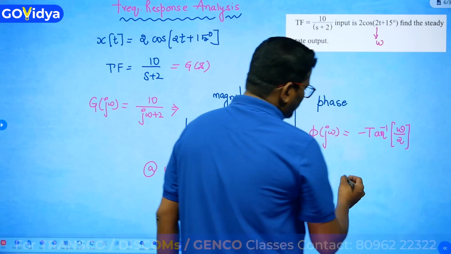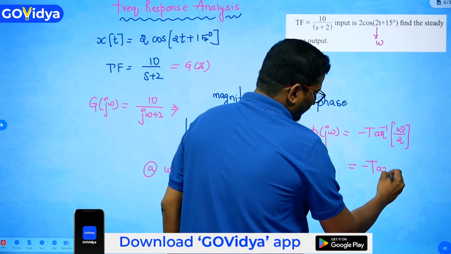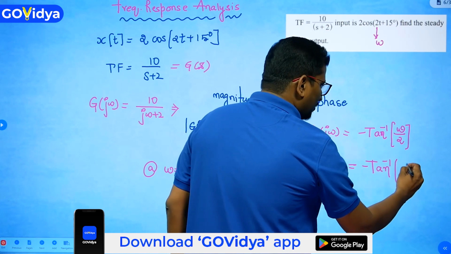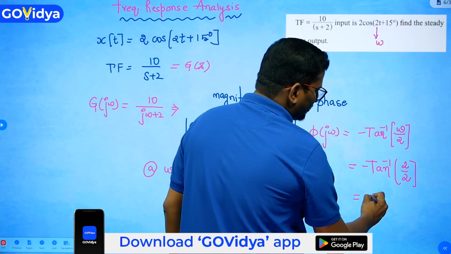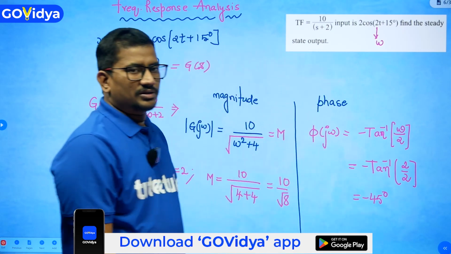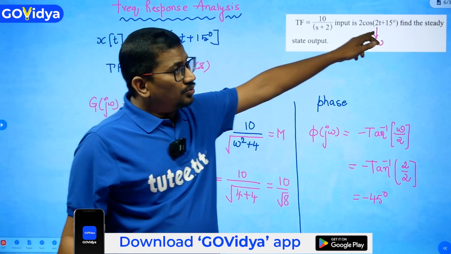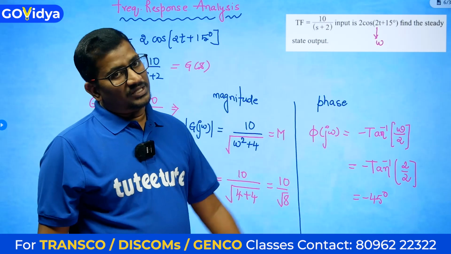So for omega equals 2, what is the phi value? Minus tan inverse of 2 by 2, which is nothing but 1. Tan inverse of 1 means 45 degrees. Anyway, the minus is there, I kept the minus. So at frequency 2, what change did I observe? The magnitude is 10 by root 8, and the phase is minus 45.